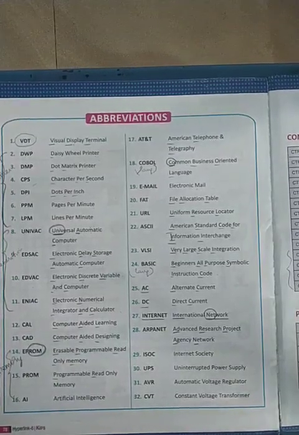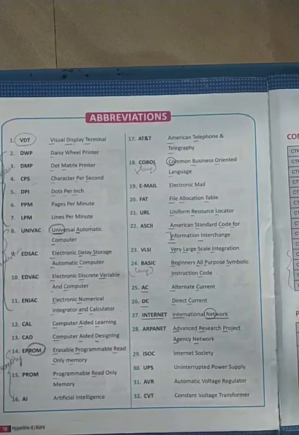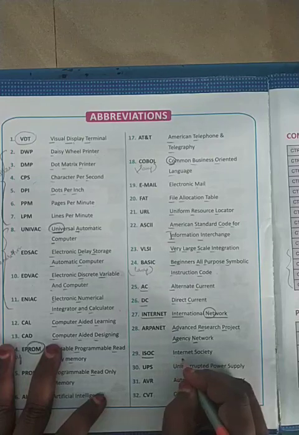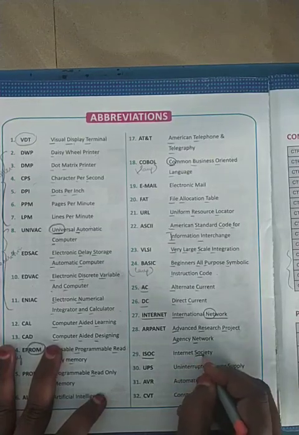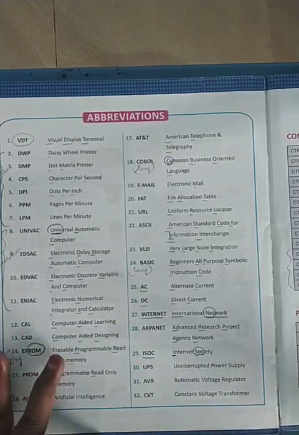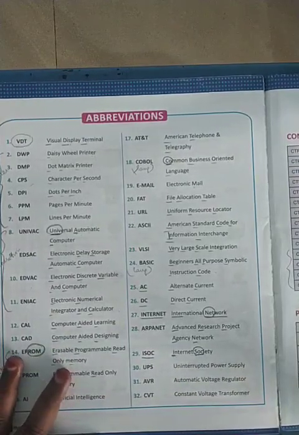So only it is available for research. Okay. Then ISOC, that is Internet Society. Society, SOC is coming from society, I is coming from internet. So ISOC. ISOC means Internet Society.